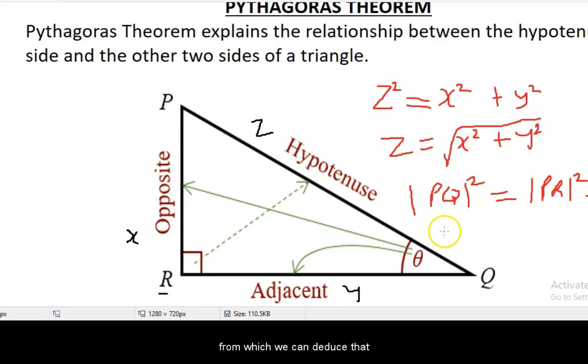From which we can deduce that PQ is equal to PR square plus RQ square, all inside the square root box.